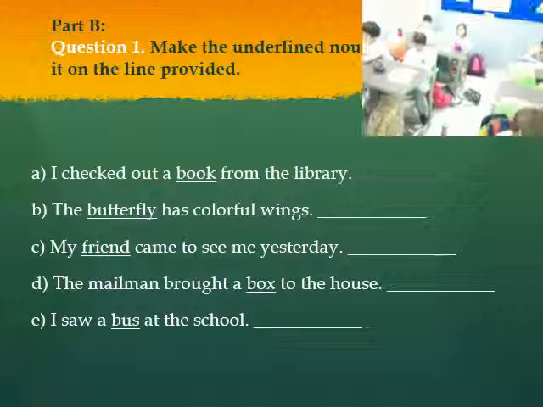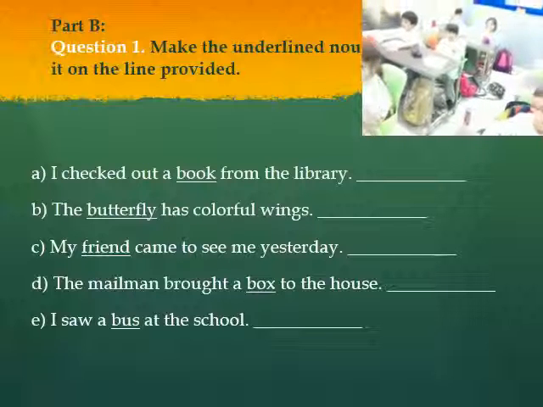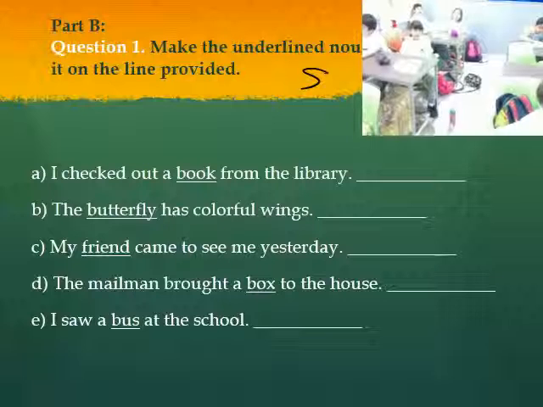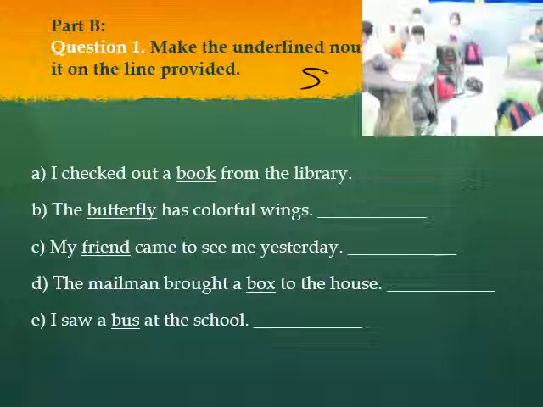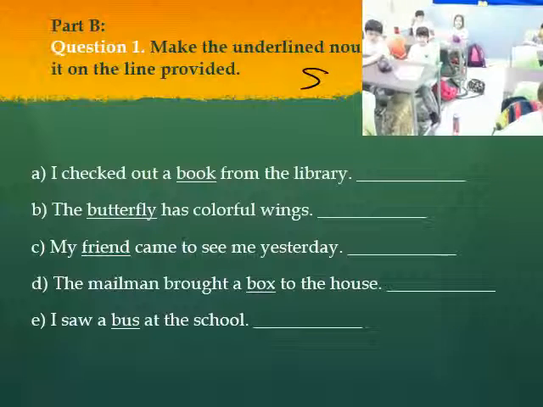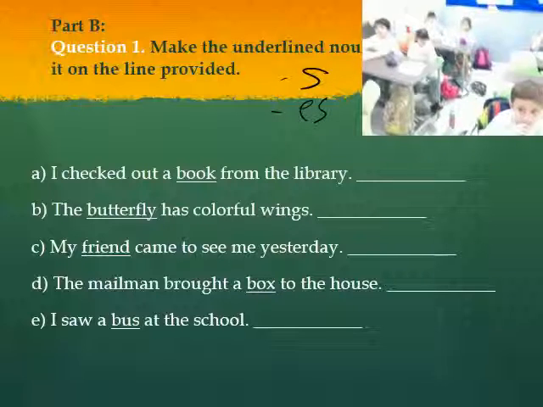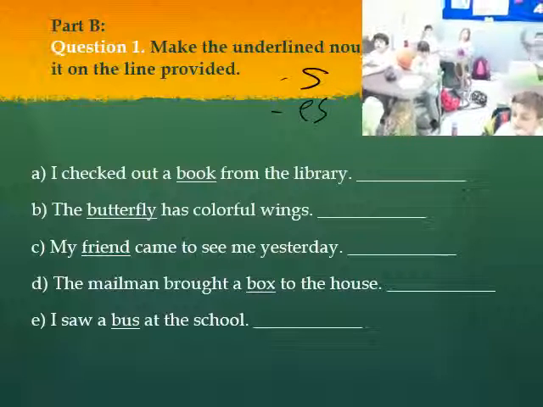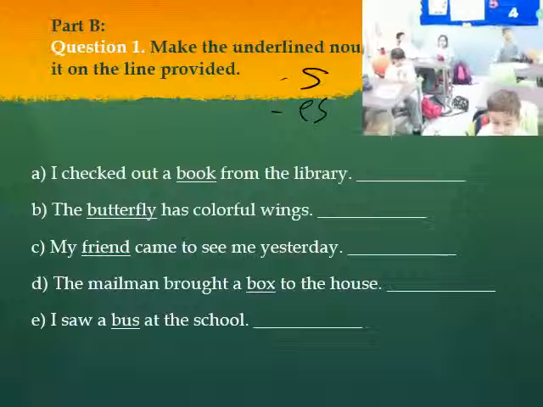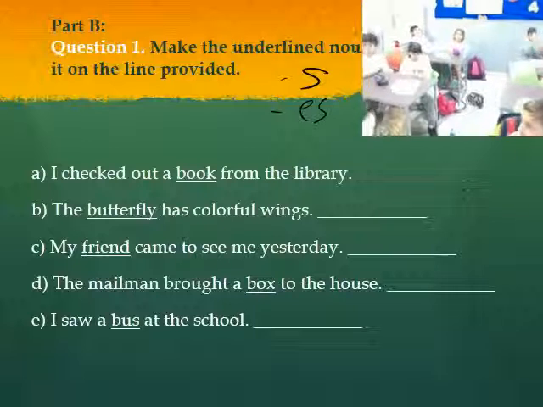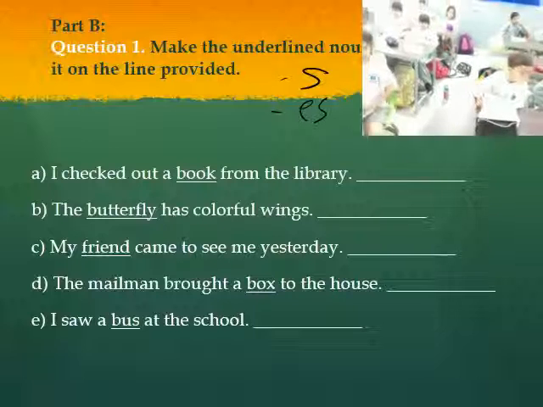Now, to change a singular noun to its plural form, what do we add to the word? S or es. And if we have a consonant Y, what do we add? We change the Y to I. So we add S or es.